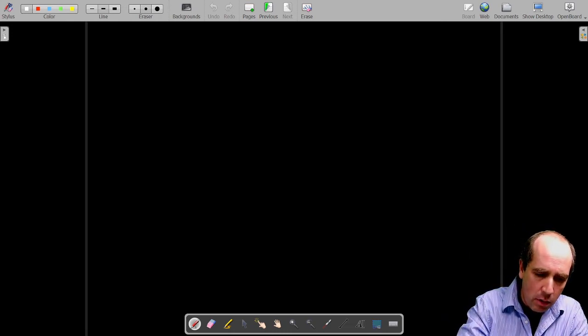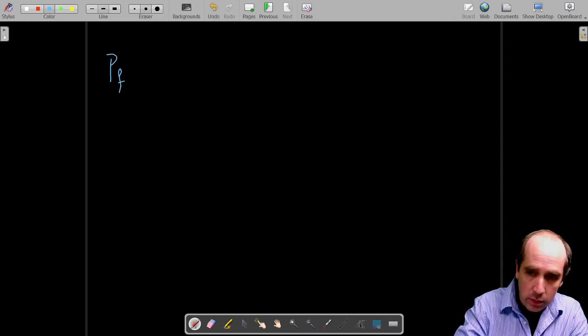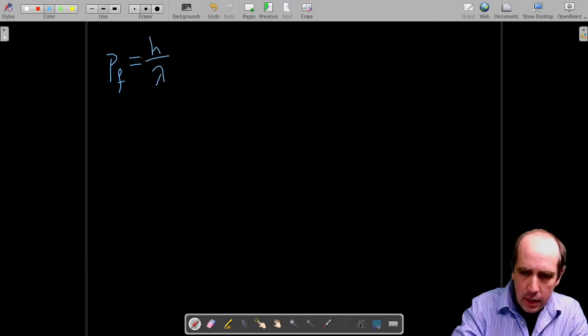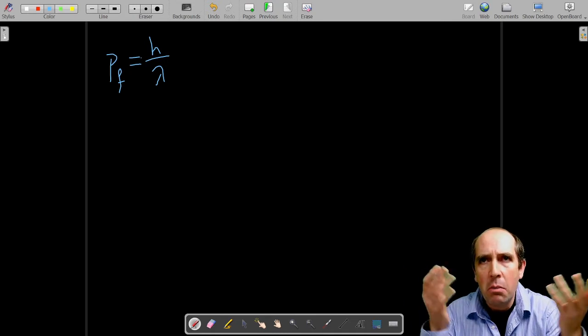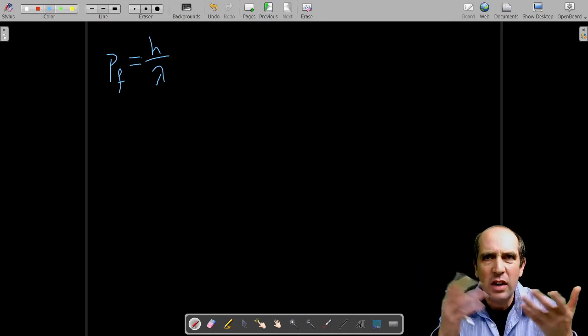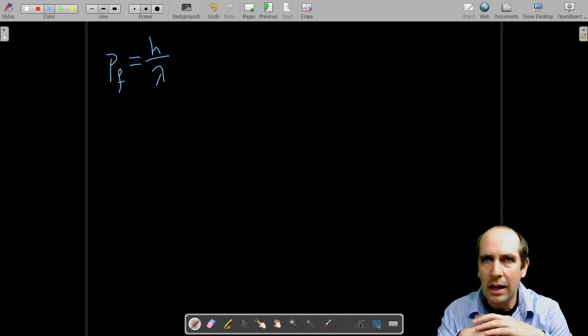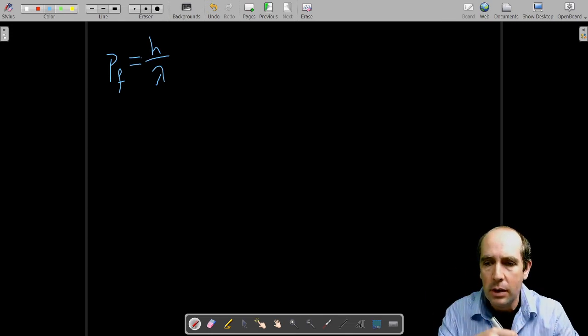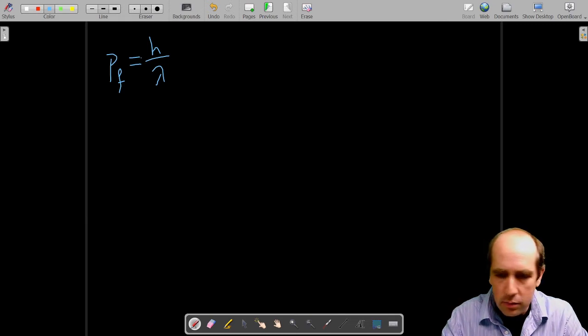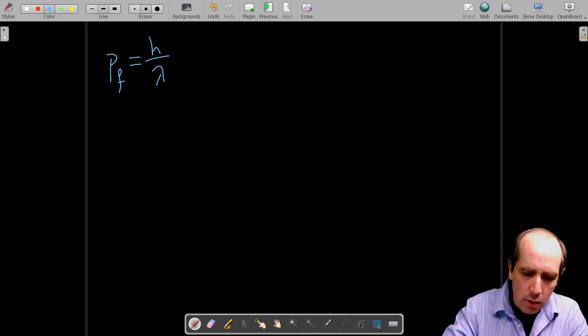The momentum of a photon is going to be given by h divided by lambda. And just to put a number, let's say we use 800 nanometers. That's on the edge between the infrared and the visible region, so it's a deep red, or nearly infrared already.